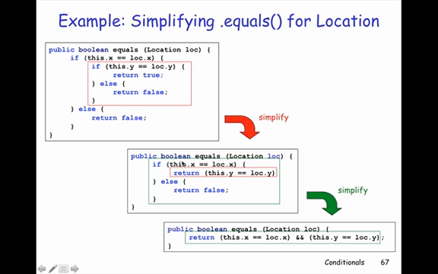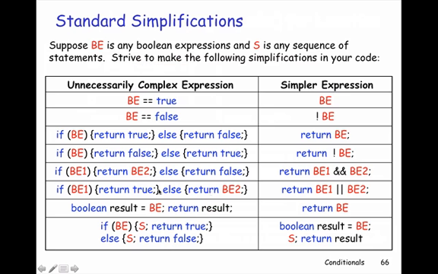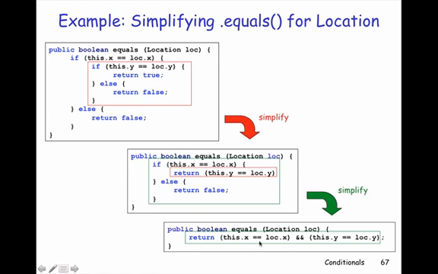And now let's take a look at what's in the green box here, which is we have if this.x is loc.x, I return this.y is loc.y, otherwise return false. That's an instance of something we saw on the previous slide, which is this simplification. So that means that we can take this if statement and instead simplify it to just returning the result of these two Boolean comparisons.